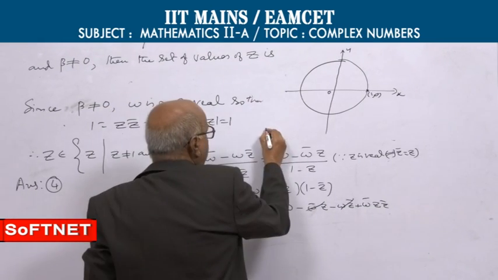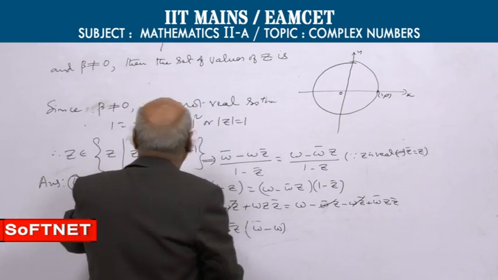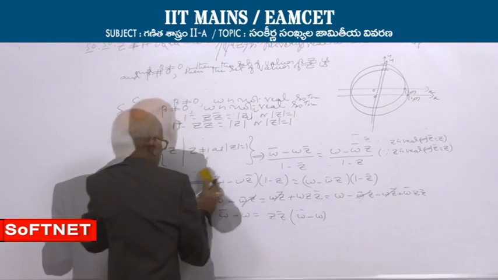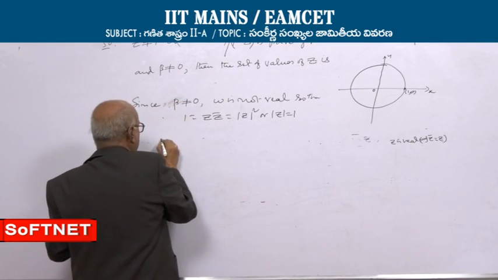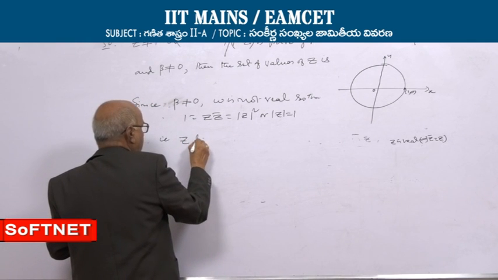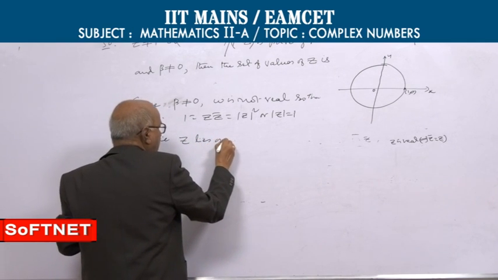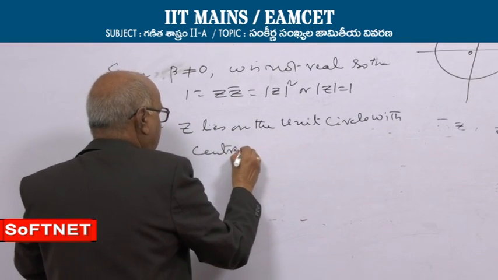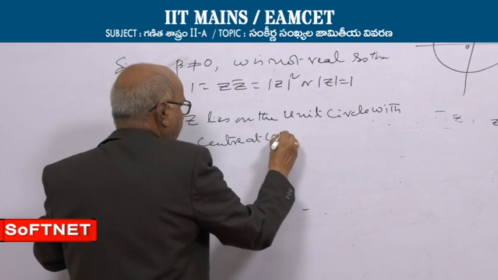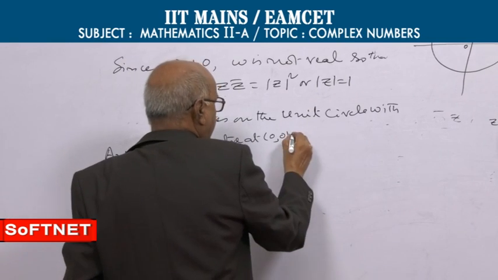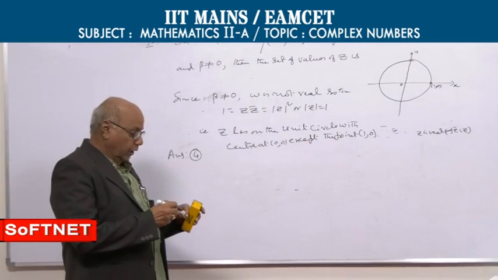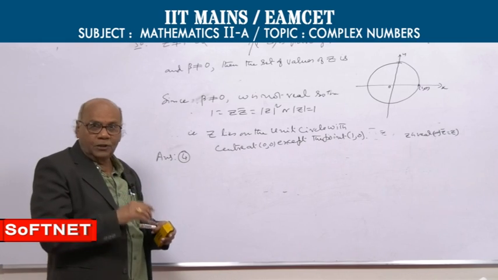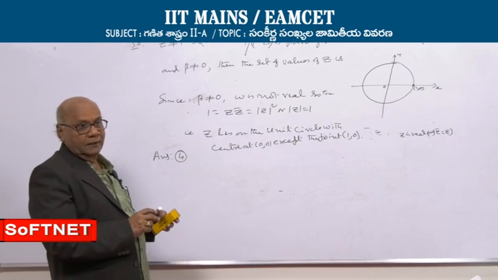That means z, if you want further I will explain for them. So I will write, z lies on the unit circle with center at origin, except, if you want to include 1 comma 0 also, then z will be 1.